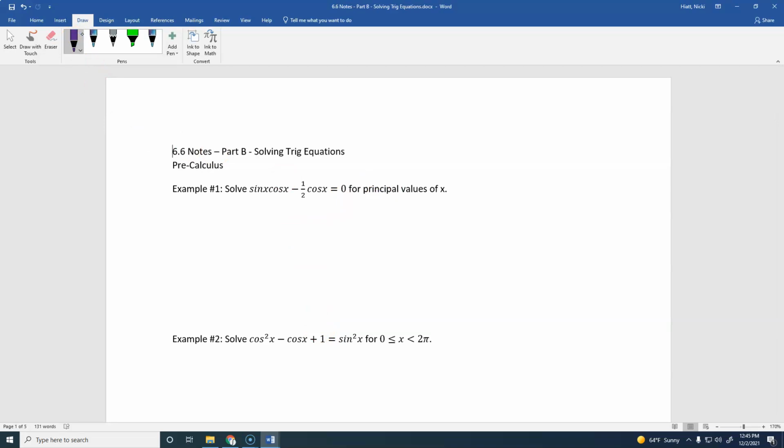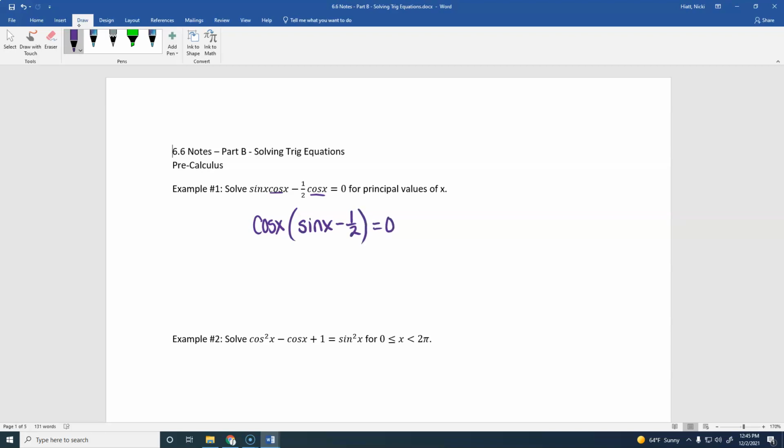We cannot set them both equal to 0, because are they multiplied together? We could factor out a cosine, because they both have cosines here. We could say cosine x times sine x minus 1/2 equals 0.